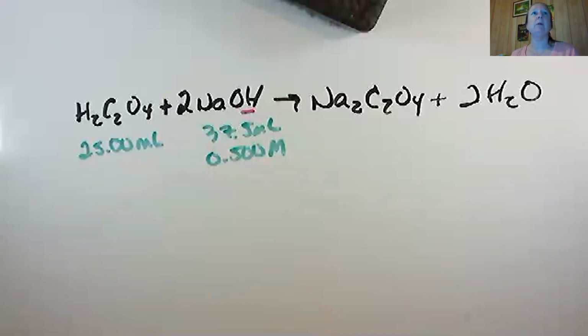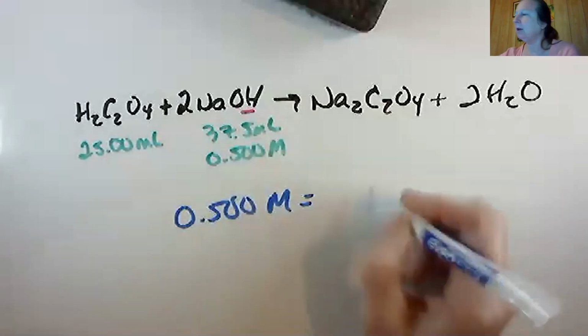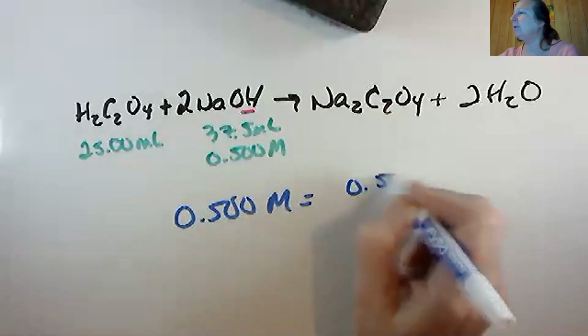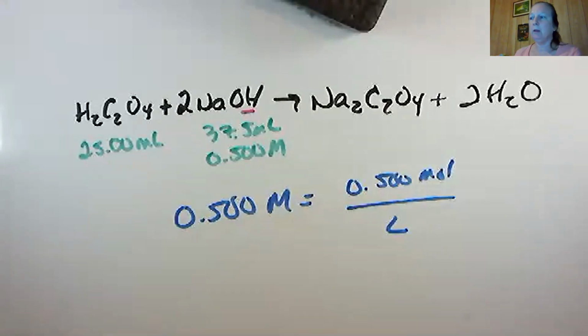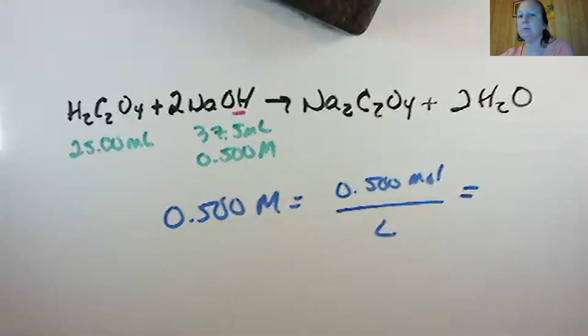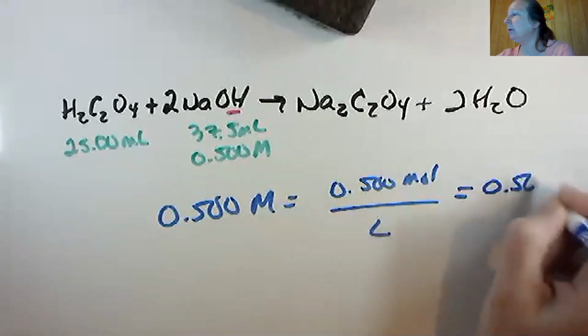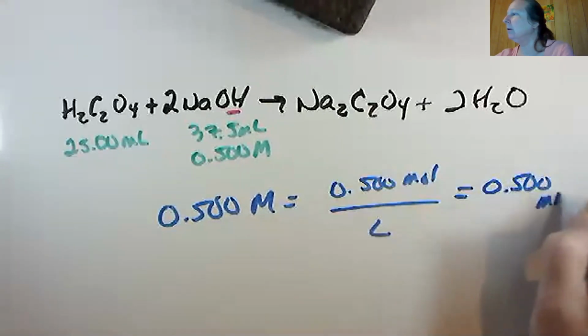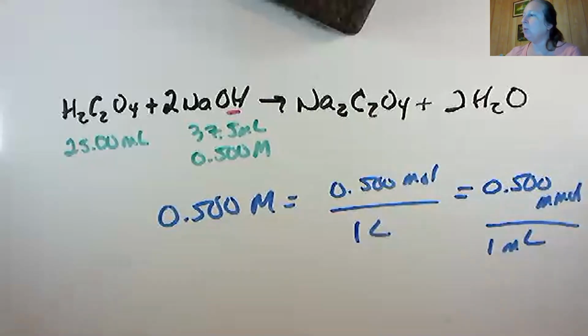In other words, 0.500 mole of sodium hydroxide per liter, 0.500 moles over liter, right? But this is also equal to, if I put milli both top and bottom, 0.500 millimoles over 1 milliliter.